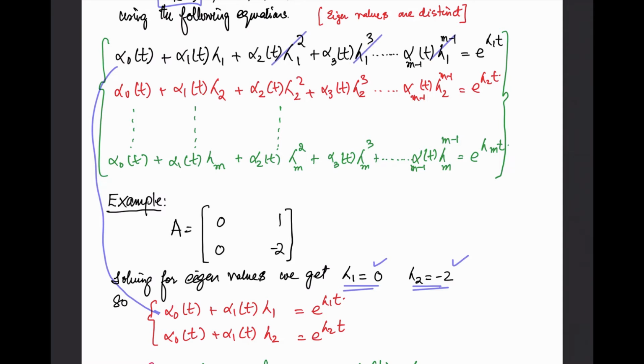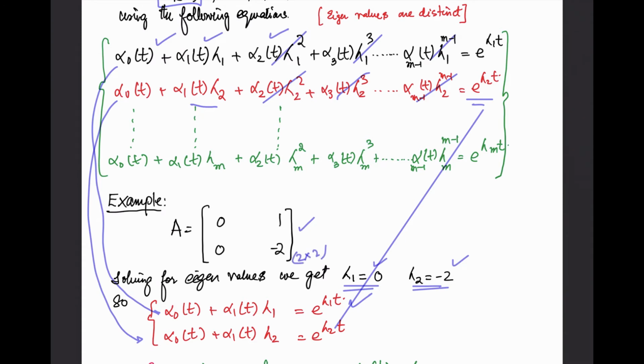This will be equal to e raised power lambda 1 t, and the second equation will be obtained from here: alpha naught t plus alpha 1 t into lambda 2, and this will not be considered, only this one. For a 3 cross 3 system, you will be considering 3 terms. For a 4 cross 4 system, you will be considering 4 terms, and so on. Our state matrix is of order 2 cross 2, so we are just considering two equations.